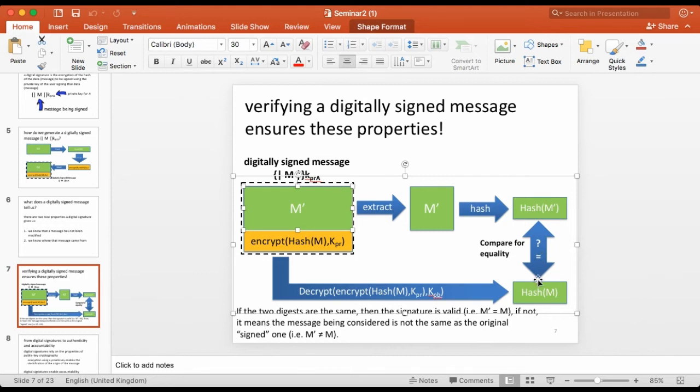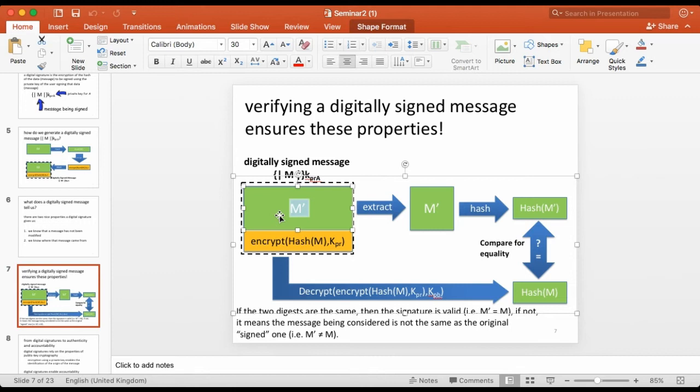If the answer to that is yes, i.e. that these two numbers are the same, then we've established that this message M here, which was the original message that was signed 2 slides ago, is indeed the same message M prime which we've just received with this digital signature. Okay, so this means that the two messages M and M prime are basically the same, or in other words, that the original message M was not modified when we received it.